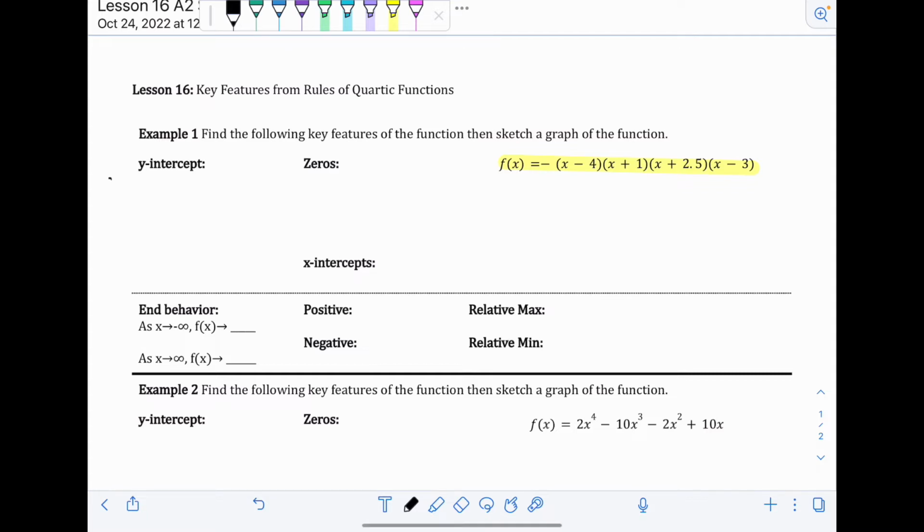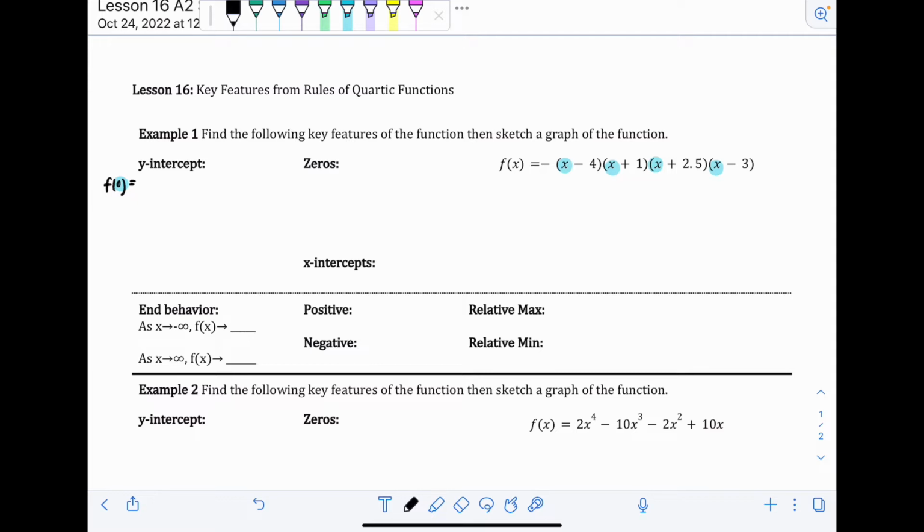So I would do f of 0 is equal to, and that means that I take a 0 and put it in the function where all of the x's are, because 0 is going to be my input value. That's always how you can find a y-intercept, especially if the function's not in standard form. In standard form, you can usually just look at the constant, but this one is not.